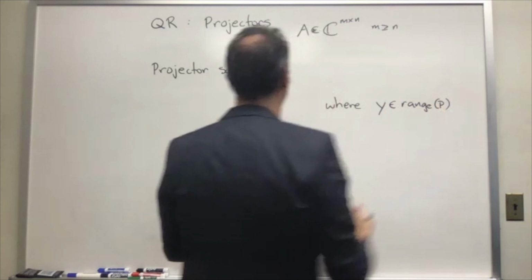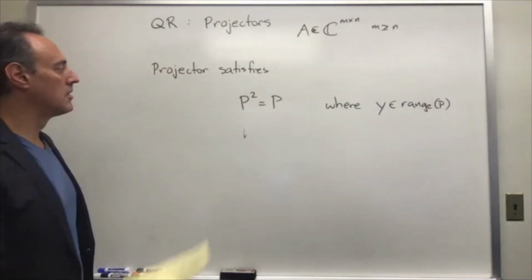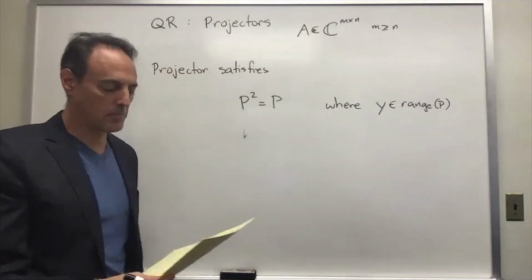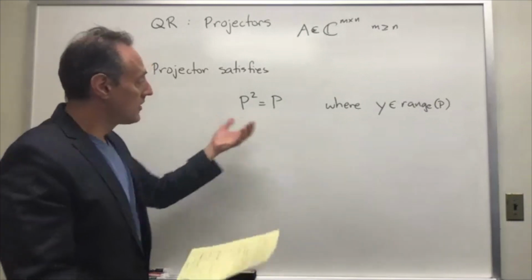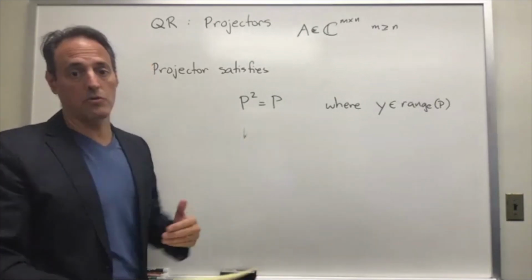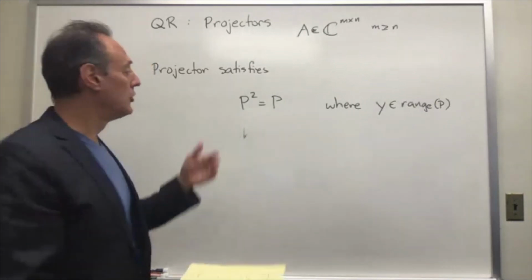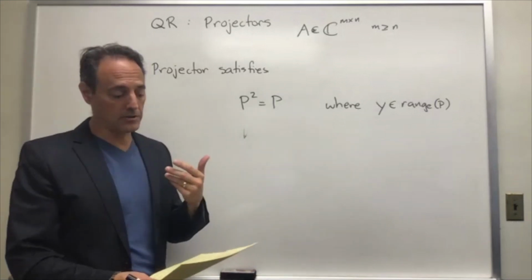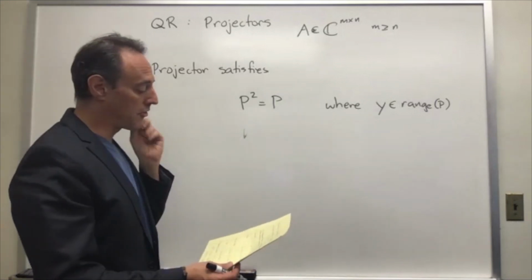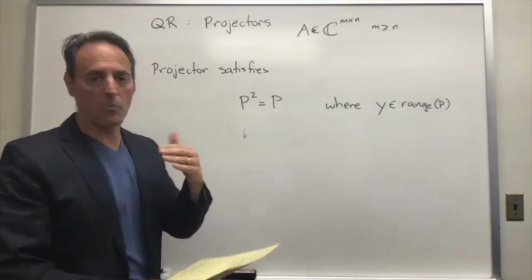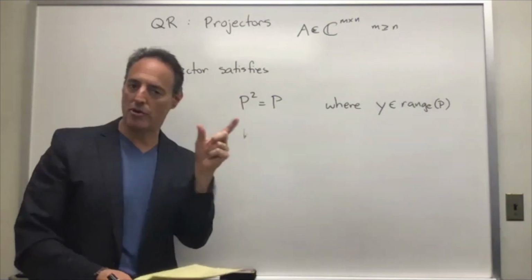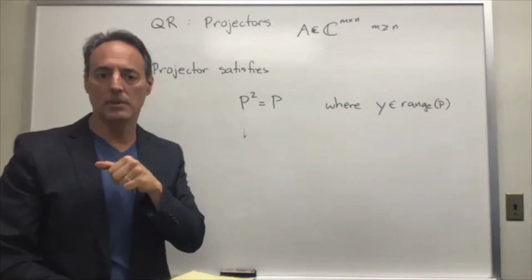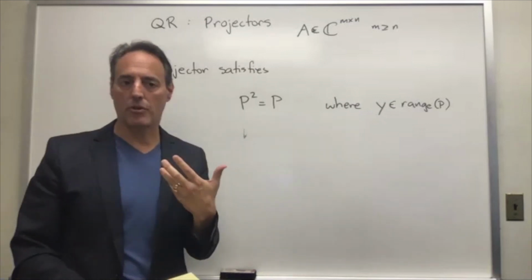But the idea is to think about taking this projector that has this property. And by the way, there's two types of projectors you can think of. You could have orthogonal projectors. And the orthogonal projectors are kind of what we've been working with in QR, which are orthonormal vectors along each column. But they don't have to be orthonormal.